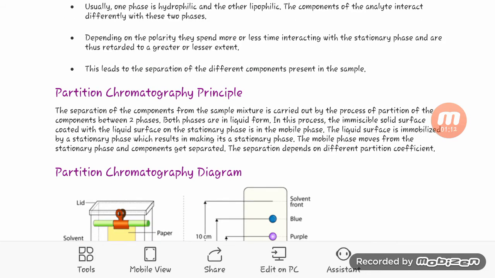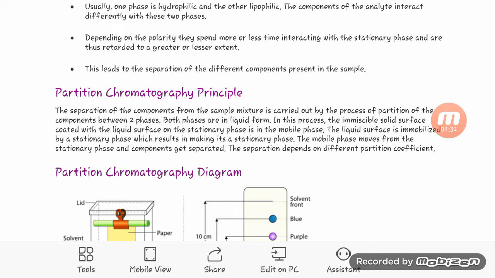So let's see the partition chromatography theory. The separation of the components from the sample mixture is carried out by the partition of the components between two phases. Both phases are in liquid form.